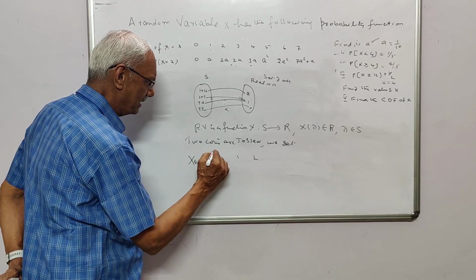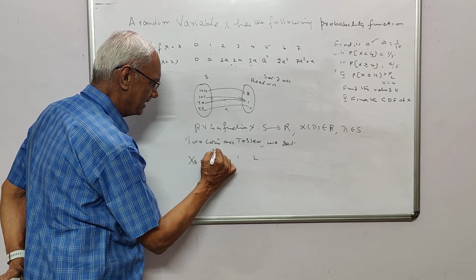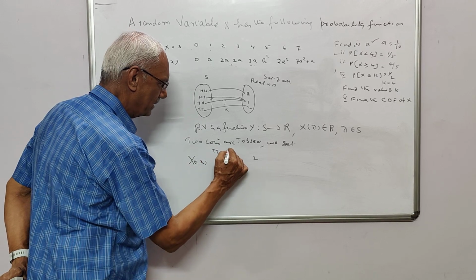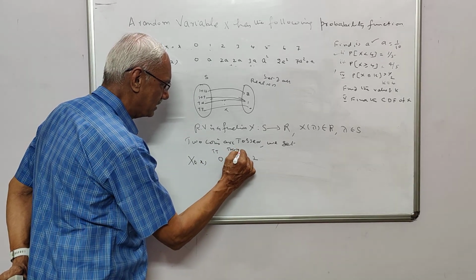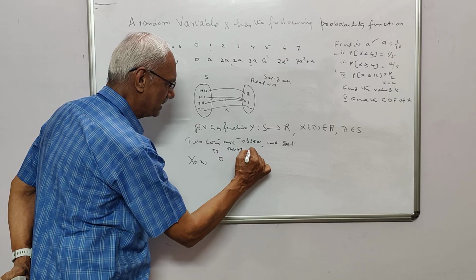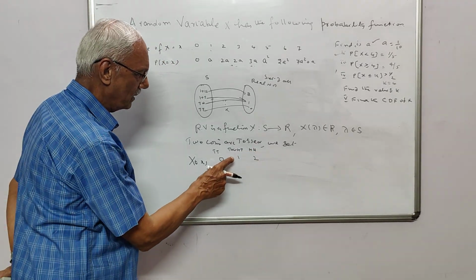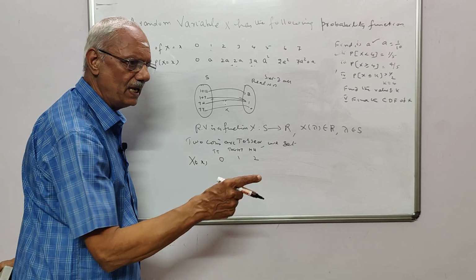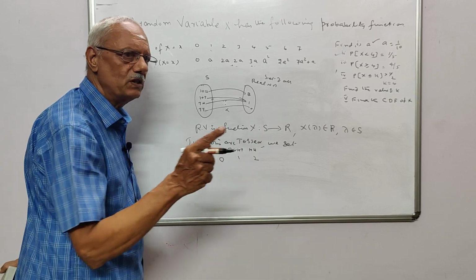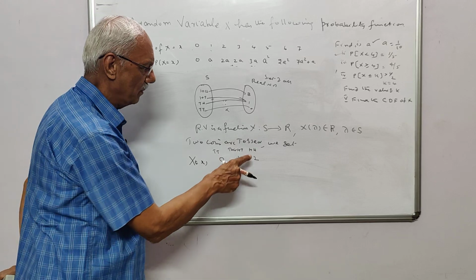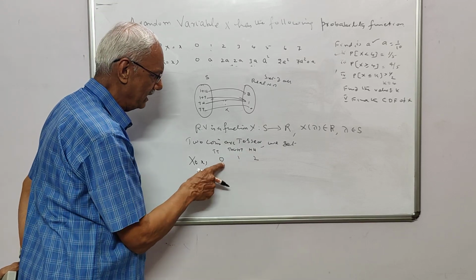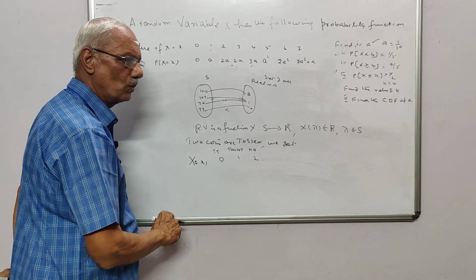Here 0 represents no H, that is TT. Here 1 represents TH or HT, and this one represents 2 heads. Therefore, there is a possibility of TH coming or HT coming. In both the cases, only one head is coming. But in this case, 2 H's come, and here no H comes. So these are the only ways.